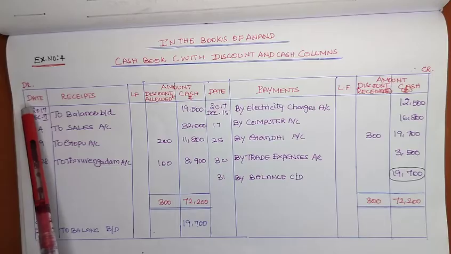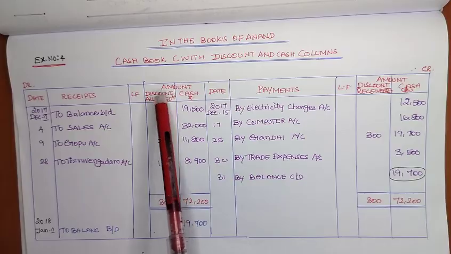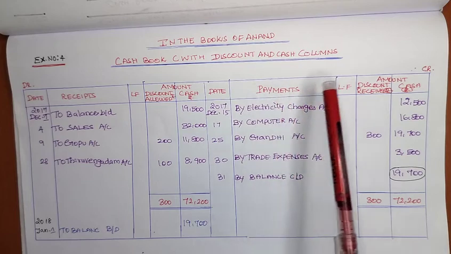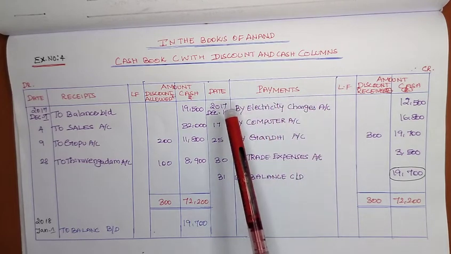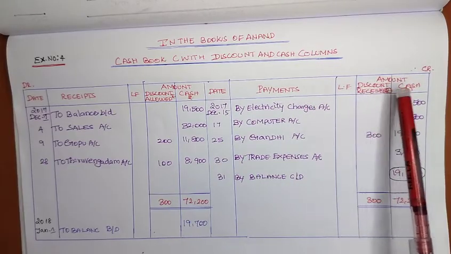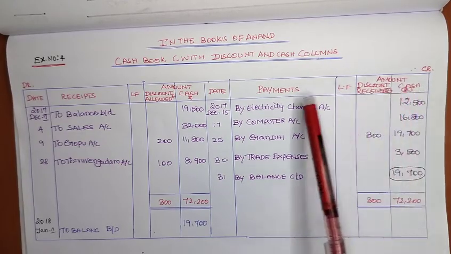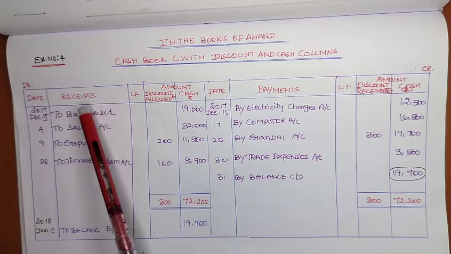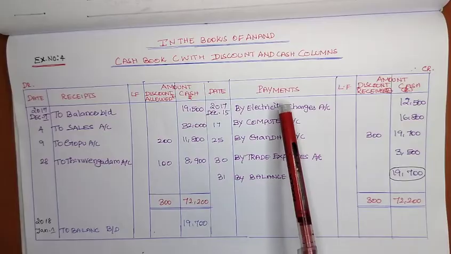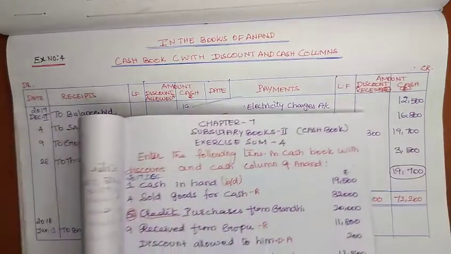First, the debit side: date, receipts, LF, and amount, divided into 2 columns, discount allowed and cash. The credit side has the same, except: date, payments, LF, and amount, divided into 2 parts, discount received and cash. Listen here, the debit side has receipts and discount allowed, and the credit side has payments and discount received. Okay, let's see the transactions one by one.